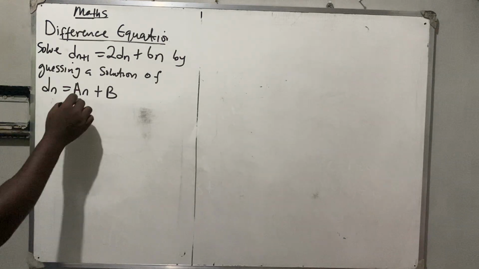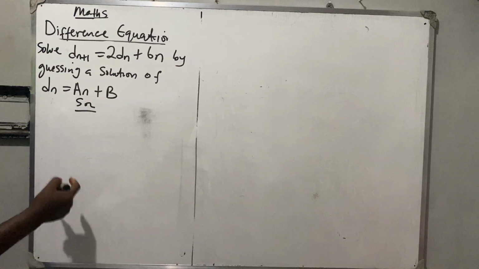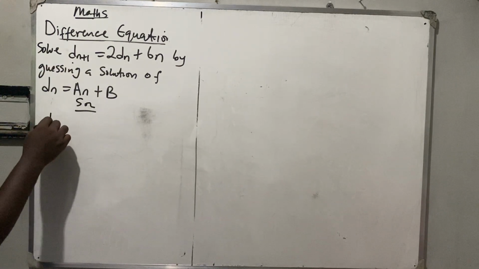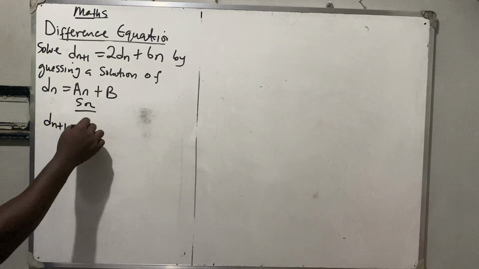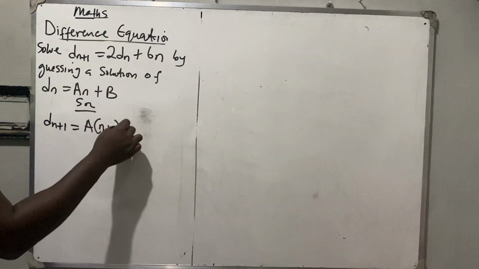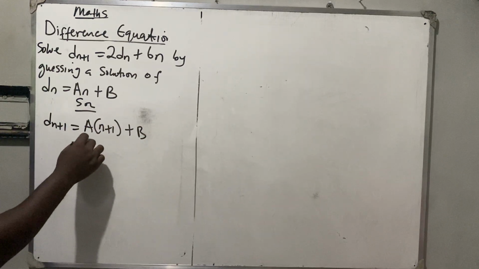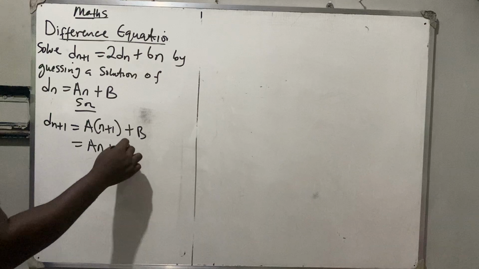Solution. The same method, it does not change. So we need our d(n+1), which is same as a into n plus 1, then plus b, which will give you an plus a plus b. As simple as that.